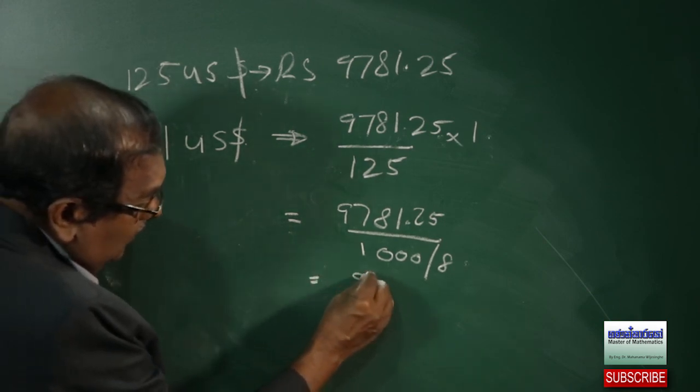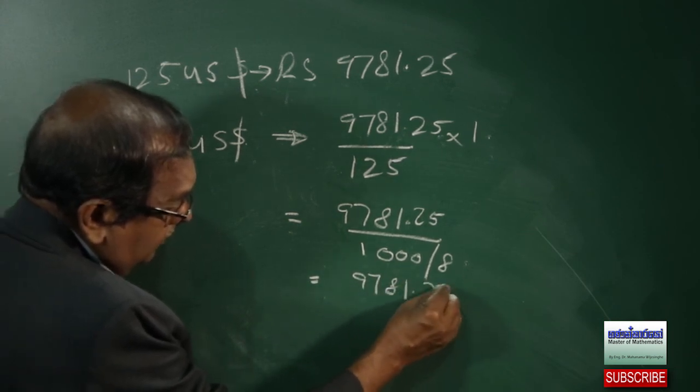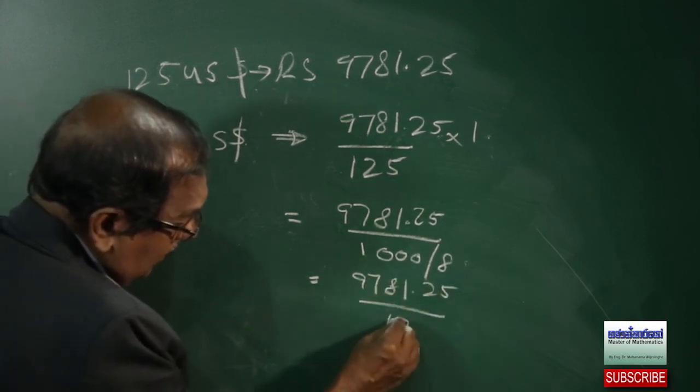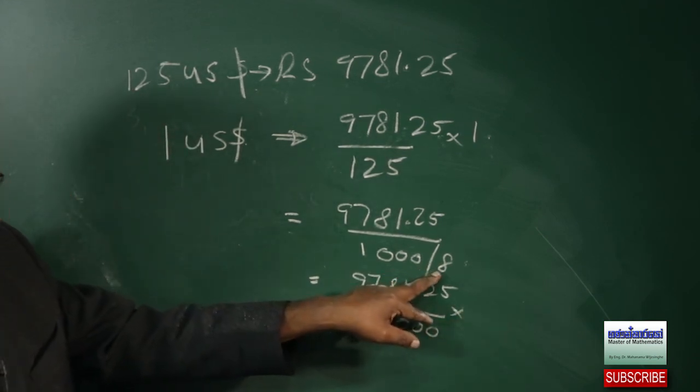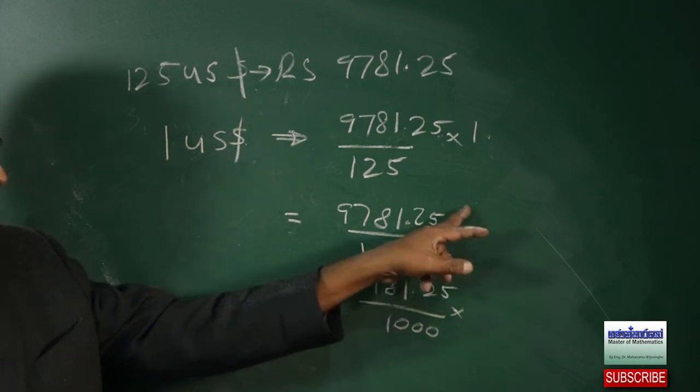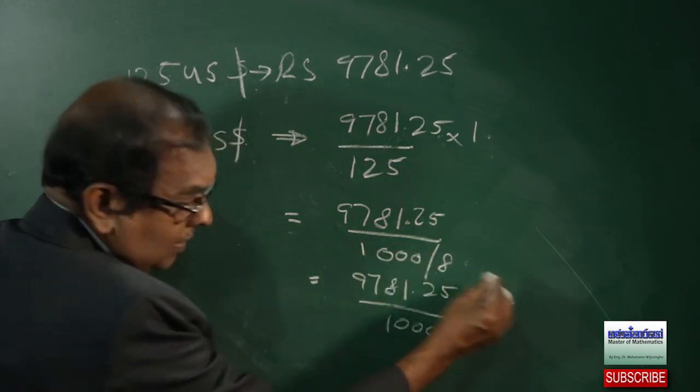Then 9,781.25 divided by 1000, and this divided by 8 can take to the upper side.